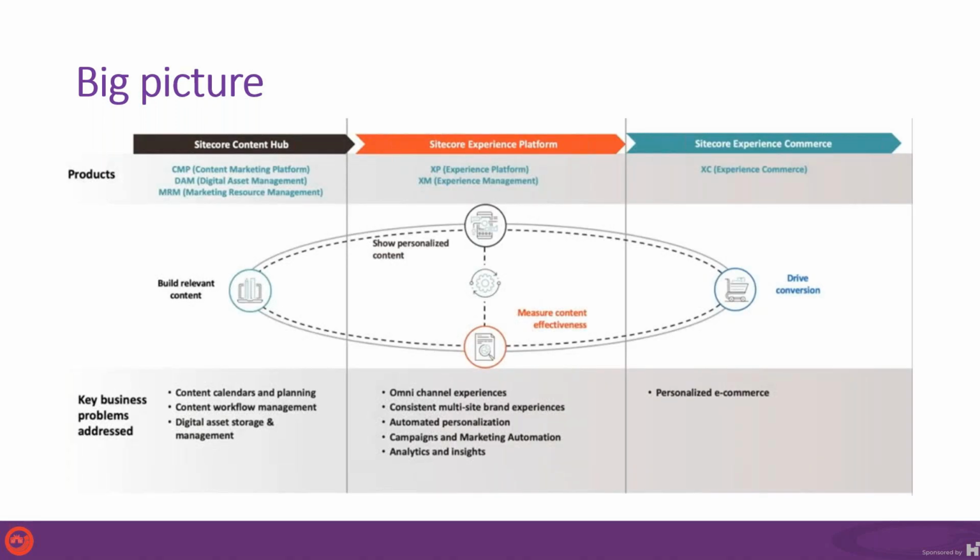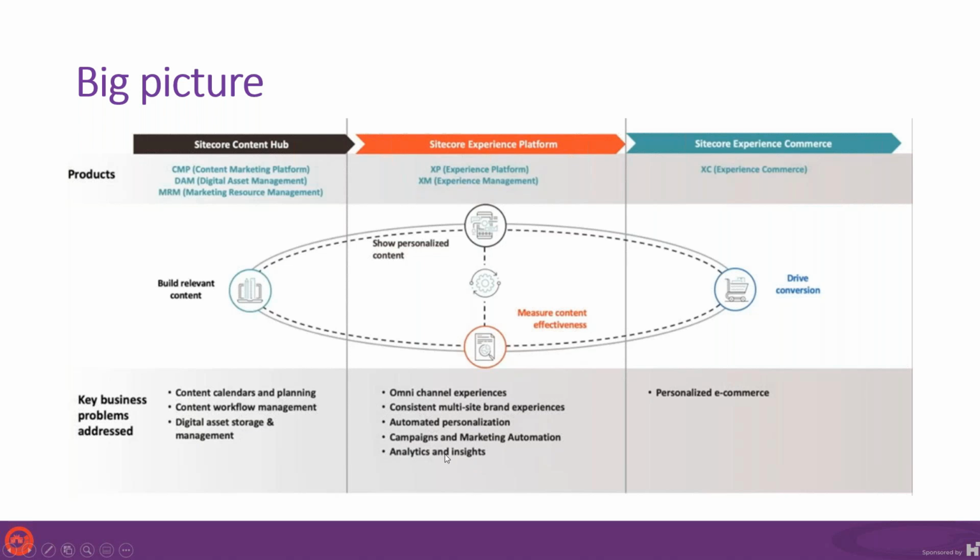So we can see here as a big picture how it looks with all the three together, like Sitecore Content Hub, Sitecore Experience Platform, and Sitecore Experience Commerce. So this Sitecore Content Hub, which is on the left side, has CMP, DAM, and MRM. Using all these, you can create the content by maintaining a separate project in the Sitecore Content Hub. And this will be integrated with Sitecore Experience Platform.